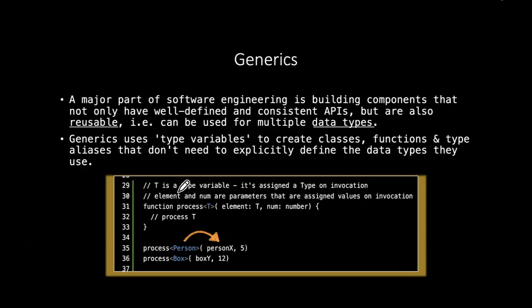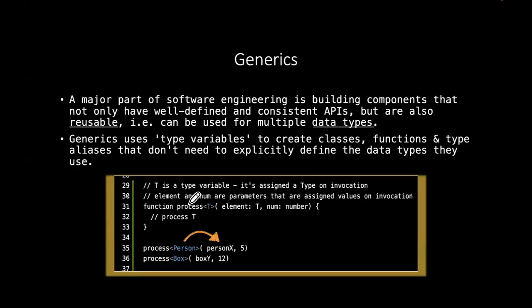From a syntax point of view, I'm showing you a simple example here in the context of using generics with functions. But as we'll see, we can use generics with other constructs as well. Whenever you see this kind of angle bracket in TypeScript, then you know that generics is at play.